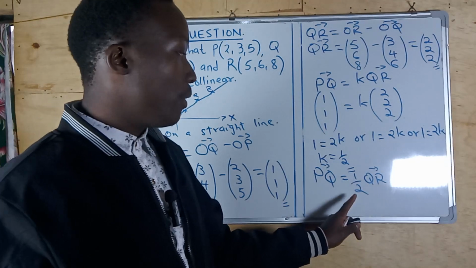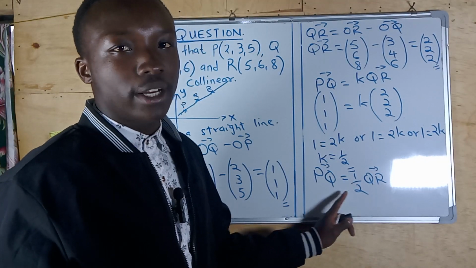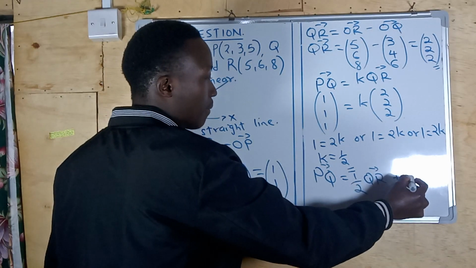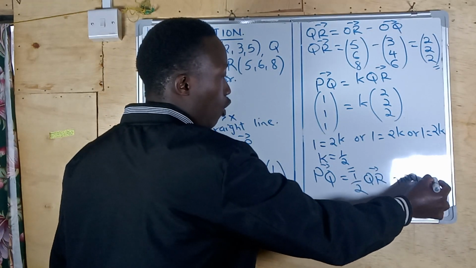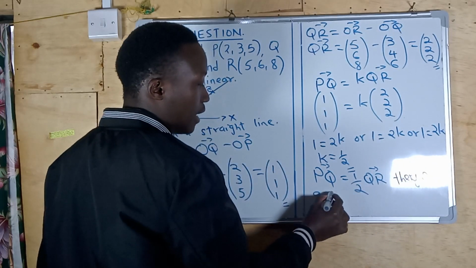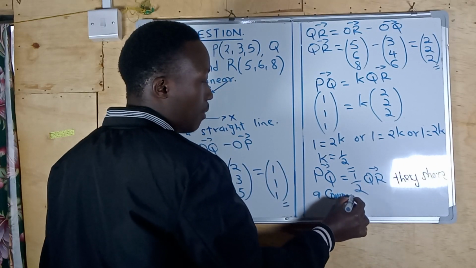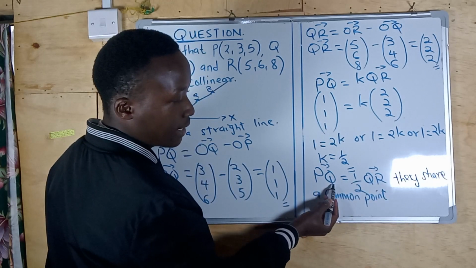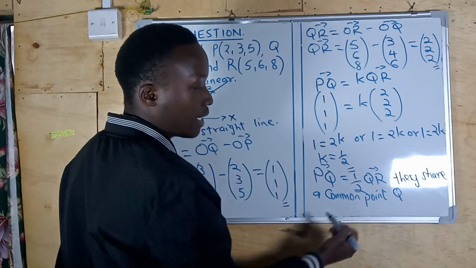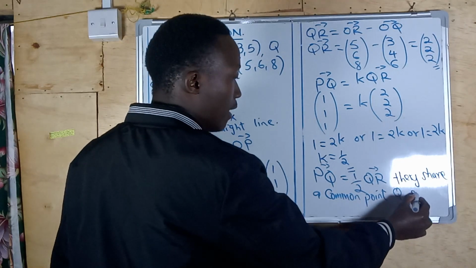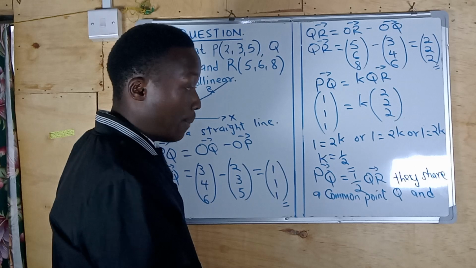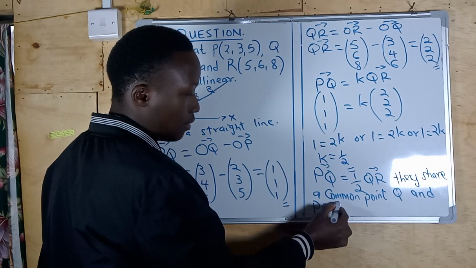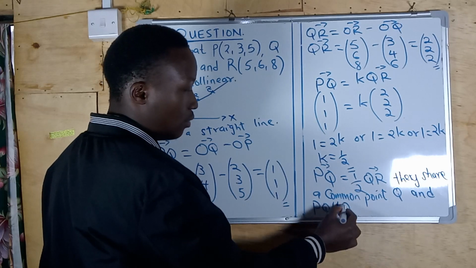So this proves that the two vectors are parallel to each other, and they share a common point. The common point they are sharing is Q. So they are parallel: PQ is parallel to QR.